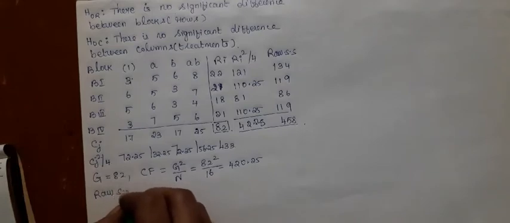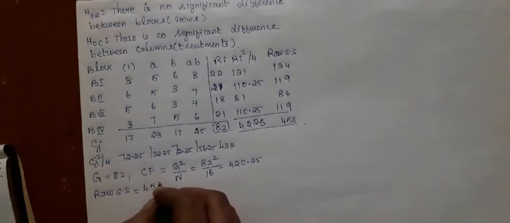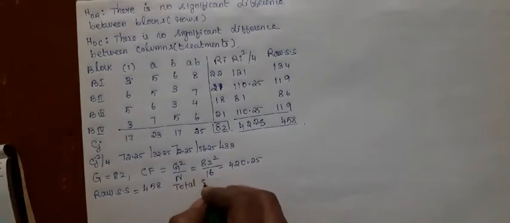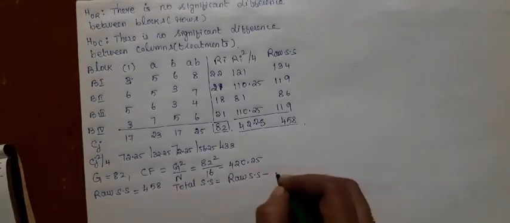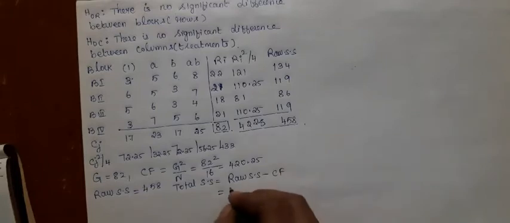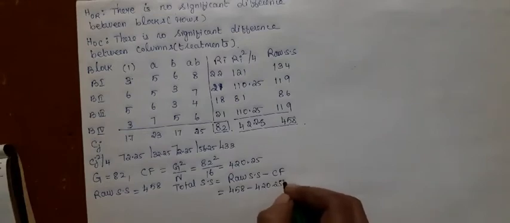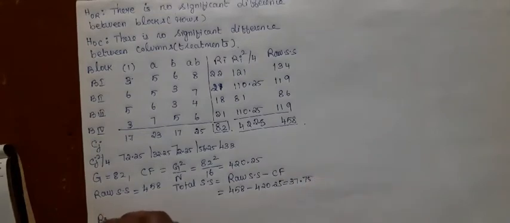Raw sum of square you have calculated here, which is 458. So total sum of square is raw sum of square minus correction factor, 458 minus 420.25, it is 37.75.